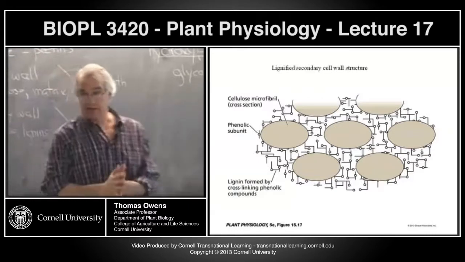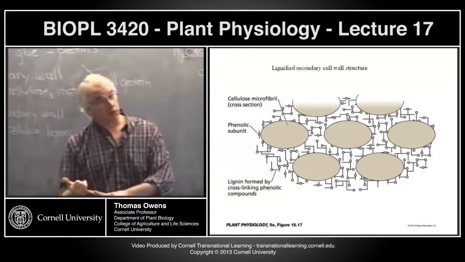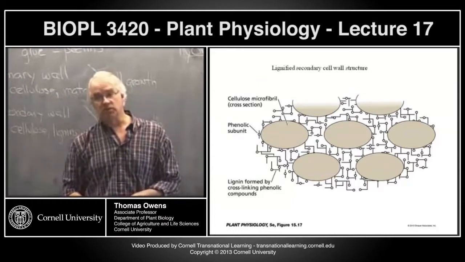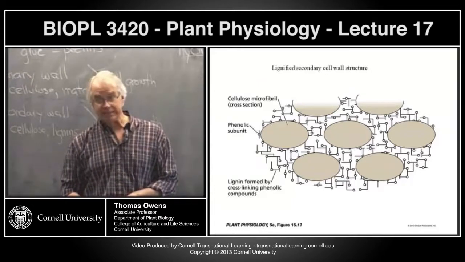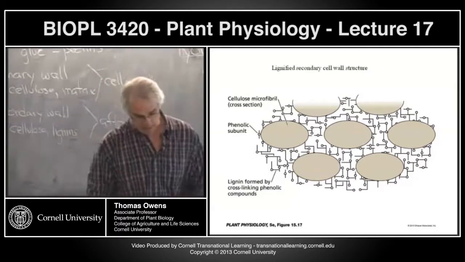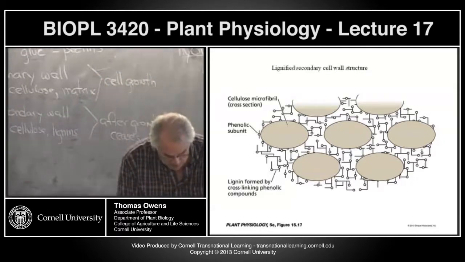Right? So secondary cell walls prevent further growth of the cells, but also provide mechanical, structural strength to the cell walls that can withstand the positive and negative pressures, for example, that are present in the vascular tissues.